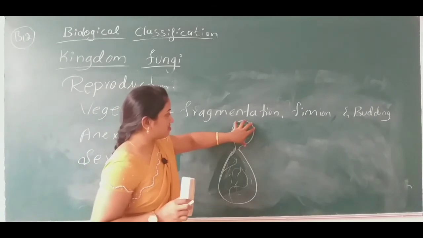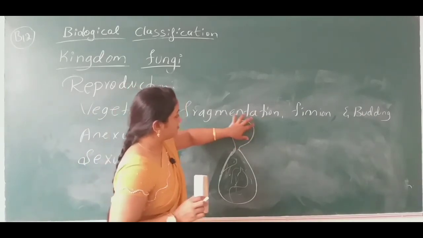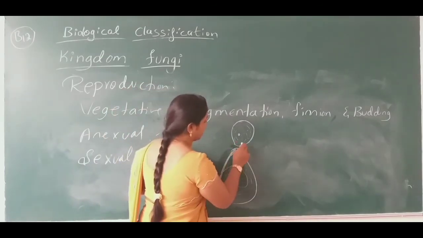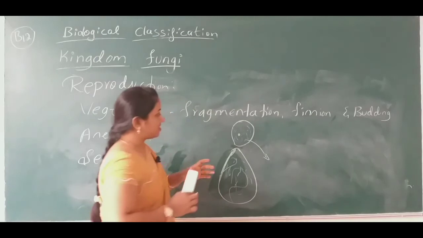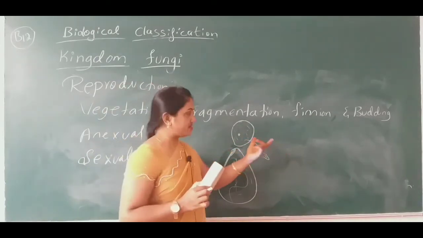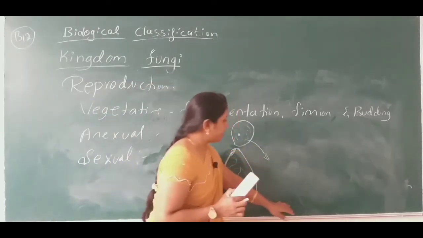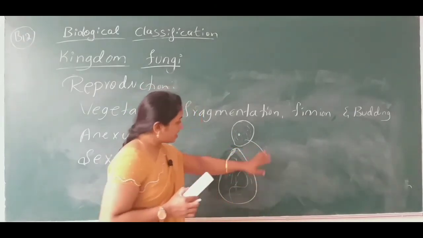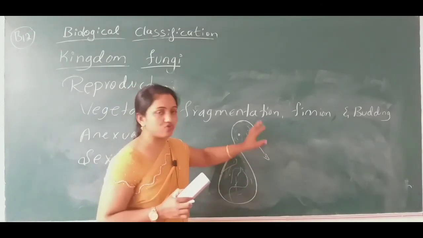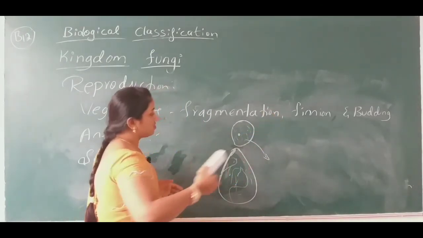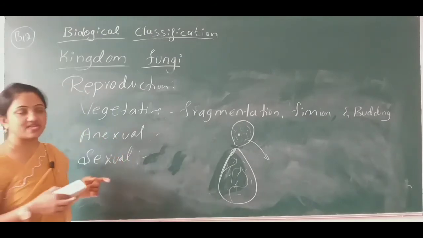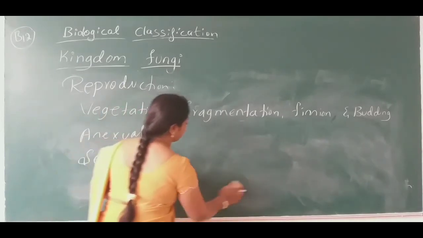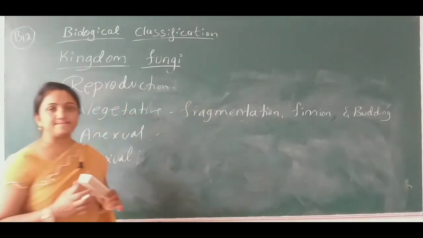After complete development, the bud separates from the parent body, and it develops and grows into a new mature yeast organism. Again from that yeast one more bud will form. This is how it increases its number, it multiplies itself. This type of reproduction is known as budding.